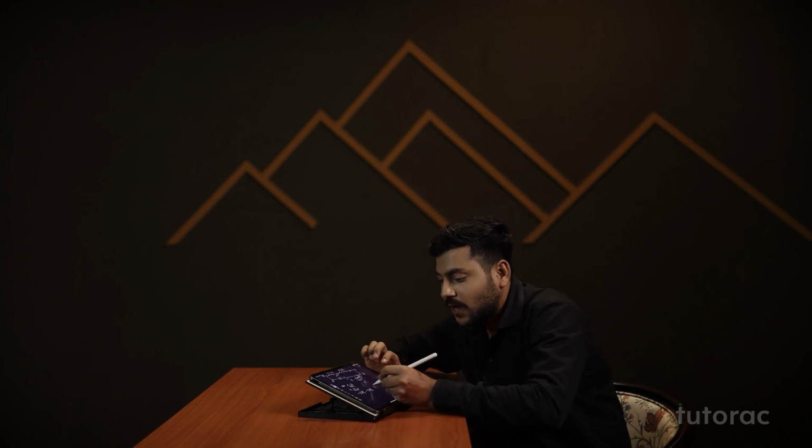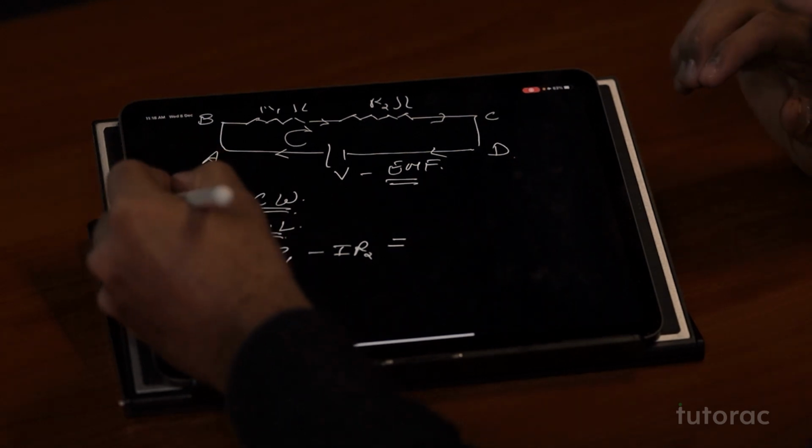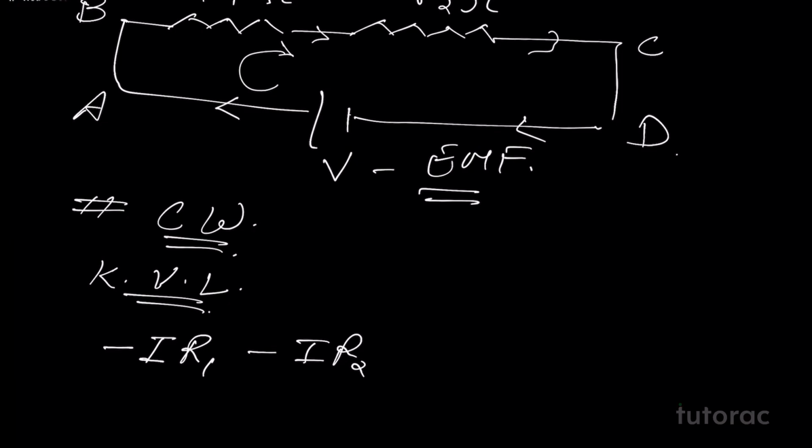One more thing that you should keep in mind is that the current in the complete circuit will remain the same as there are no multiple combinations. We have a single wire connecting all the elements. Thus the current will remain the same. So minus IR1 minus IR2, and when I come to the voltage, I'll write it in a plus way, plus V, equals 0.